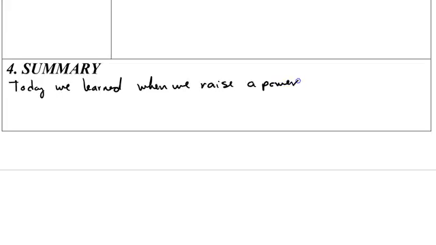So as a summary, today we learned when we raise a power to a power, we multiply the exponents.